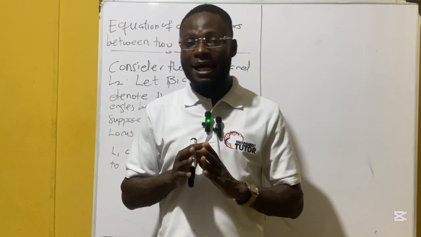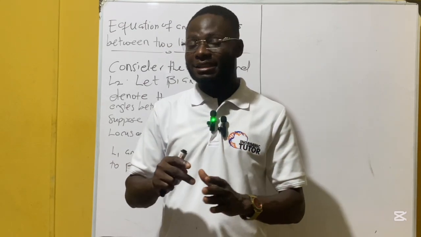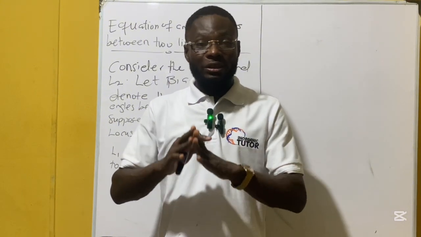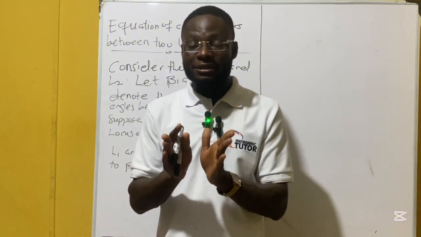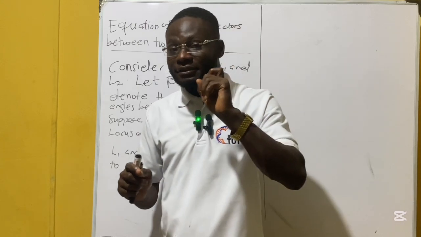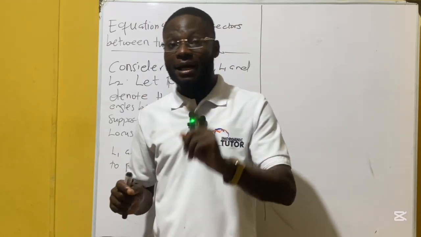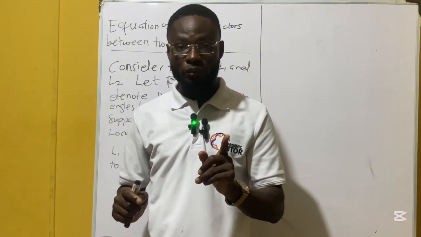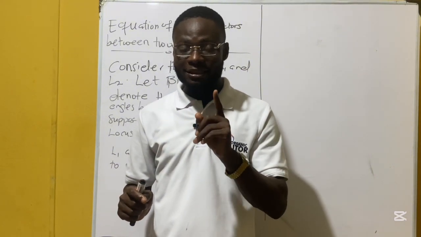Basically, if a line is equidistant from, say, L1 and L2, then what it simply says is that distance of a point from L1 is equal to distance of a point from L2. Let me say it again.